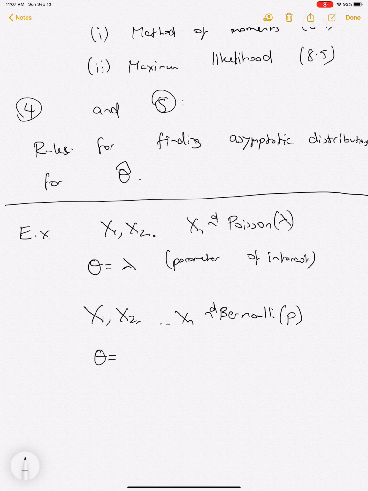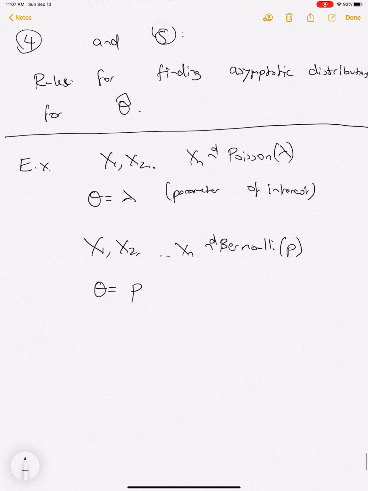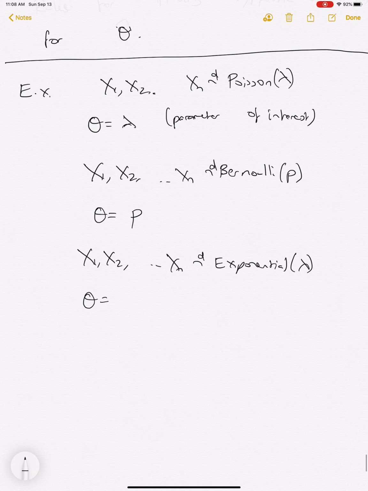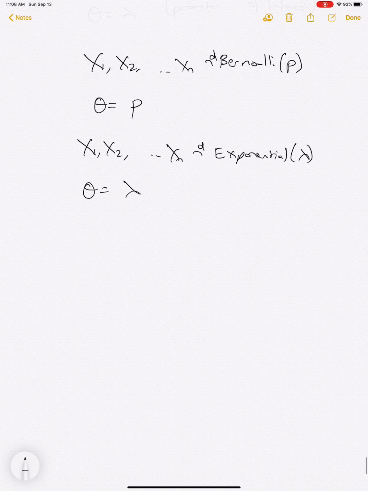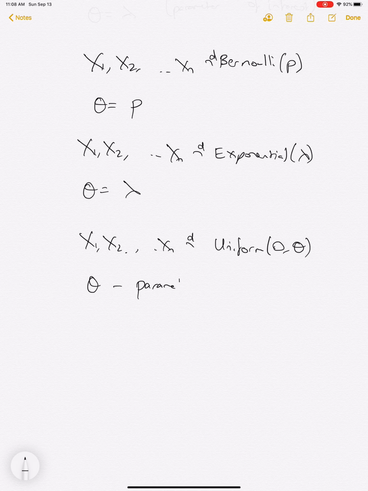So your theta here is just p. Once again, you have theta equals lambda. And then another example to keep in your mind, which we're going to go through, is you might have uniform 0 theta, and then here your parameter of interest might just be theta, which is the endpoint of this uniform distribution.